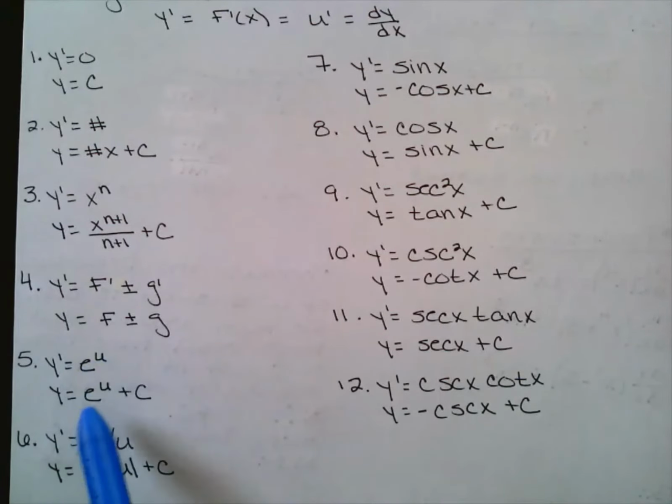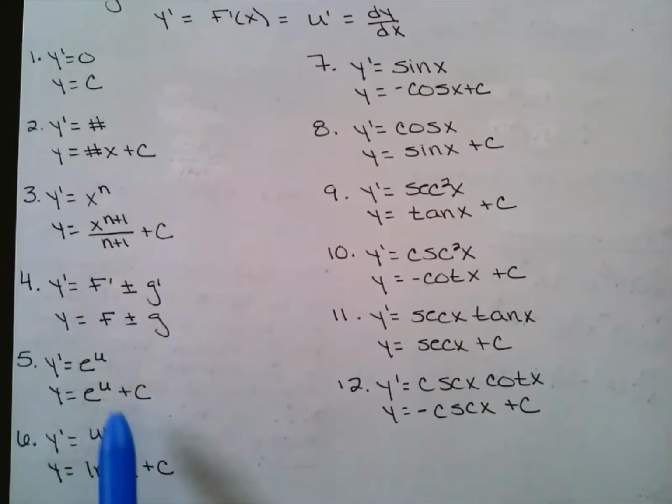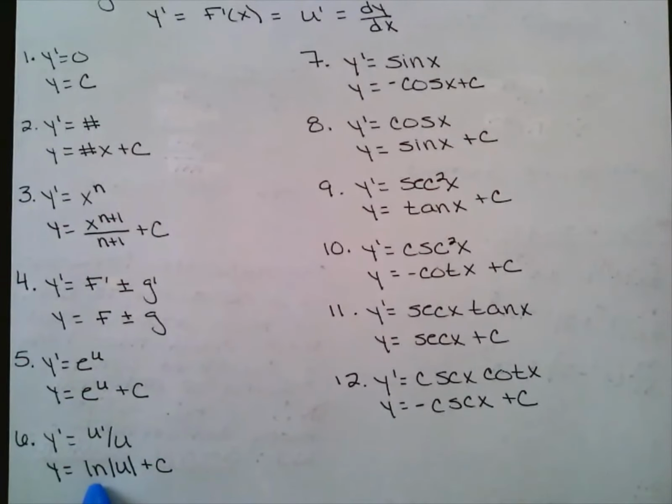E to the u, remember, is just e to the u plus that constant. The antiderivative of u prime over u, it's just working our way backwards to ln of u. The answer here does include an absolute value bar. That is something new. And if you think your way backwards, if my function was ln of u, the derivative would be u prime over u.